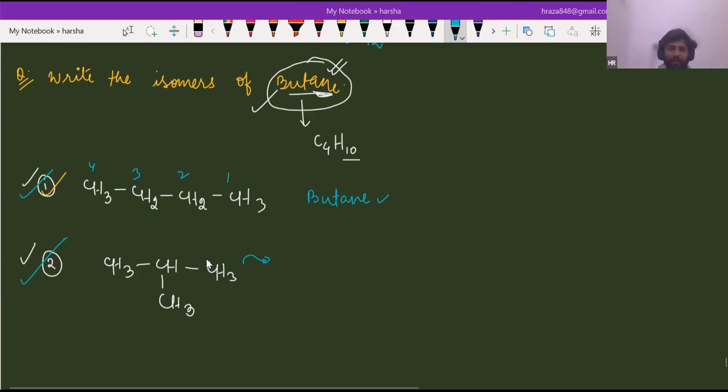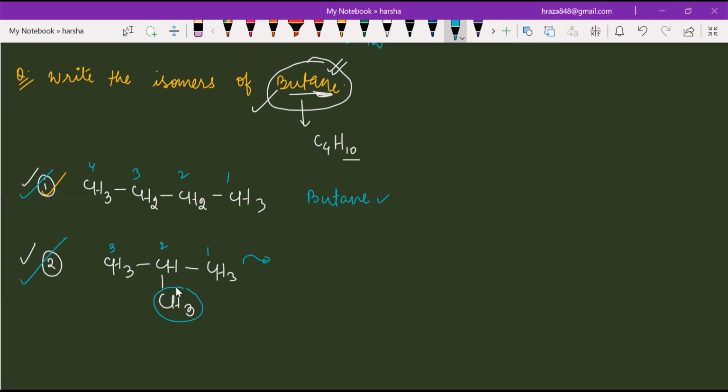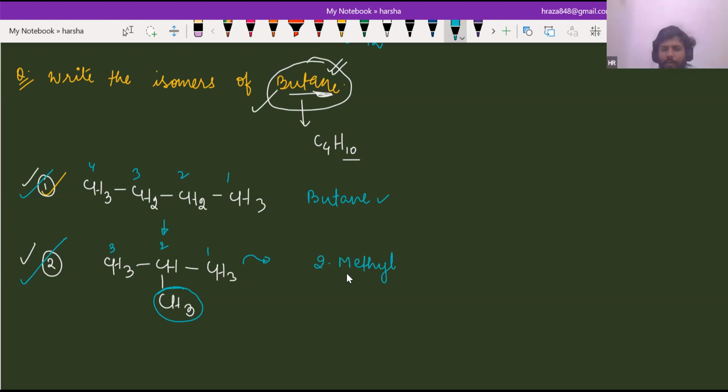You just need to write the number also. There are only 3 carbons, not hex. How can you say hex? Hex means 6 carbon. On the second carbon there is a branch, a one-carbon branch, so 2-methyl, and then jump to the parent chain. How many carbons are in the parent chain? 1, 2, 3. For 3 carbons it is prop, and all are singly bonded, so propane. Please write it.